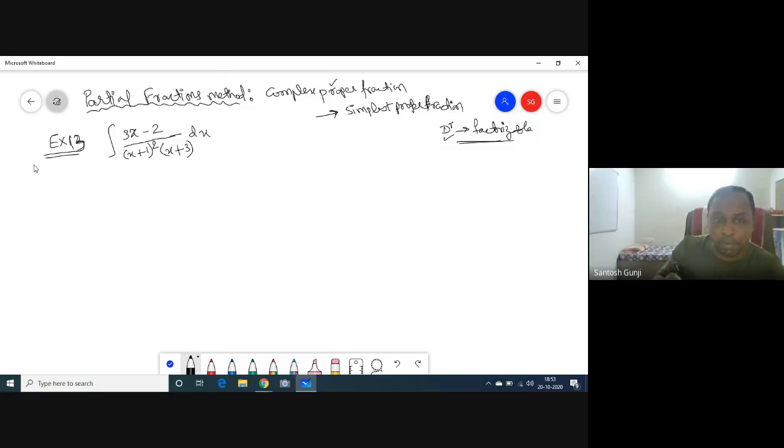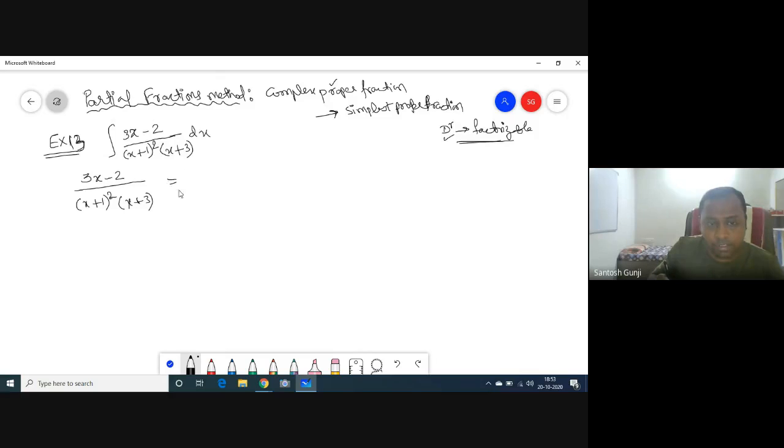When I'm using partial fractions, the integral symbol will not be taken. So first take the function out: 3x minus 2 upon (x plus 1) the whole square into (x plus 3).